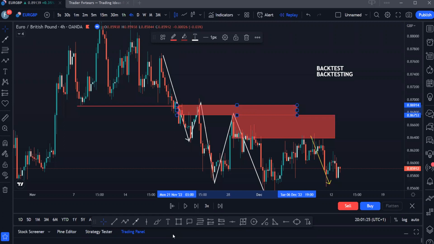The backtesting that I'm talking about has to be manual backtesting, simply going all the way back. I get you now.